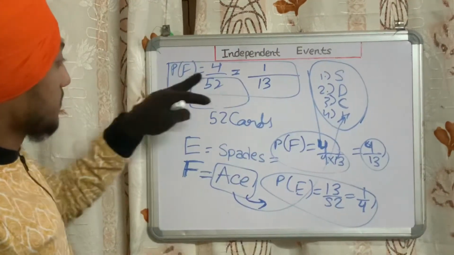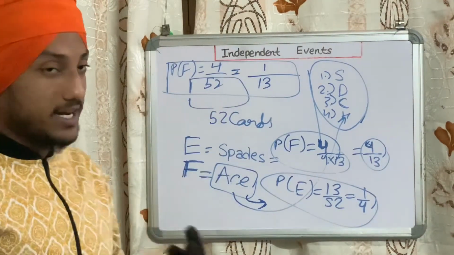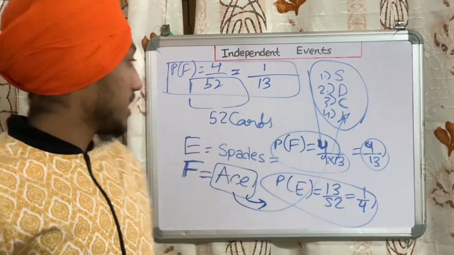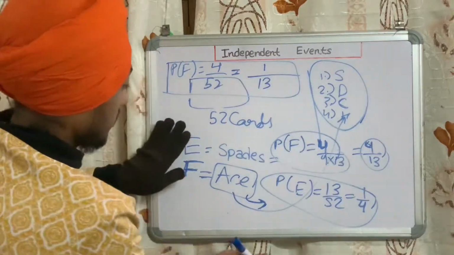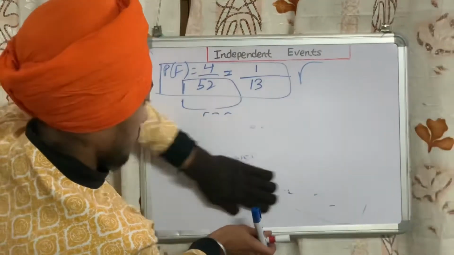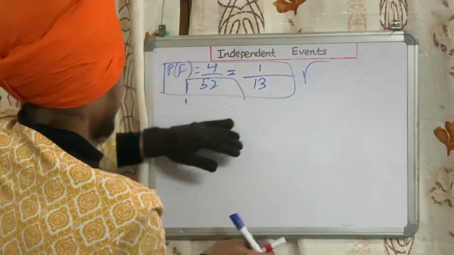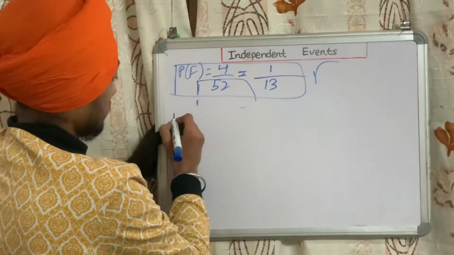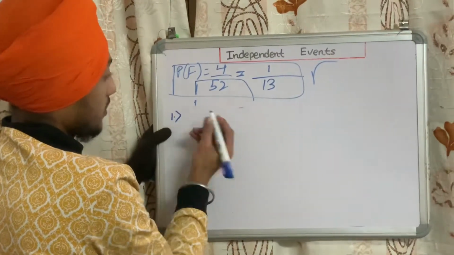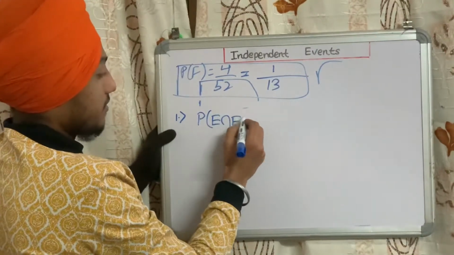This is the probability for finding F, the ace, and this is the probability for finding the spade. Now we're going to see the probability of finding both E and F.